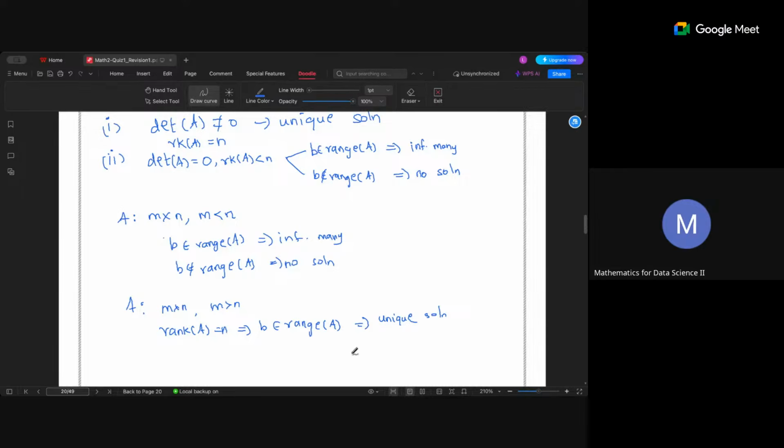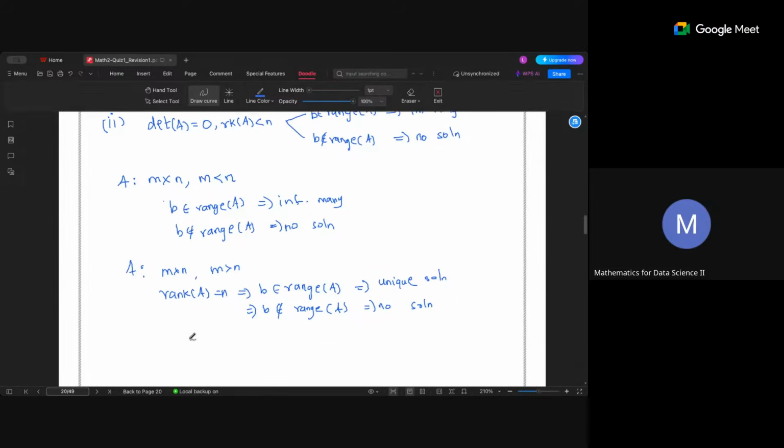Okay. And if B is not in range of A, no solution. And if rank of A is strictly less than n, again the same thing, but in this case you will have infinitely many solutions.